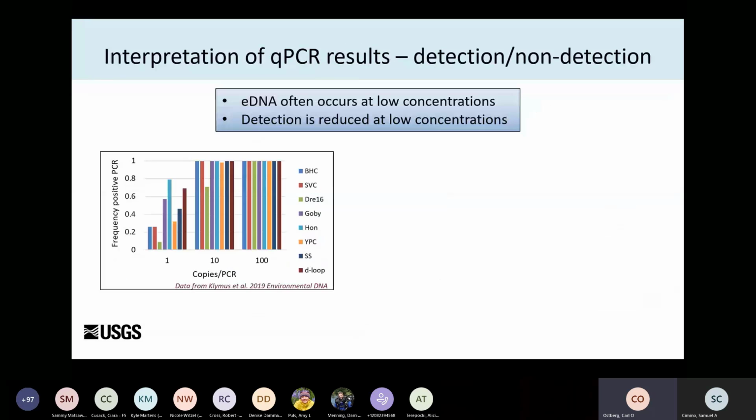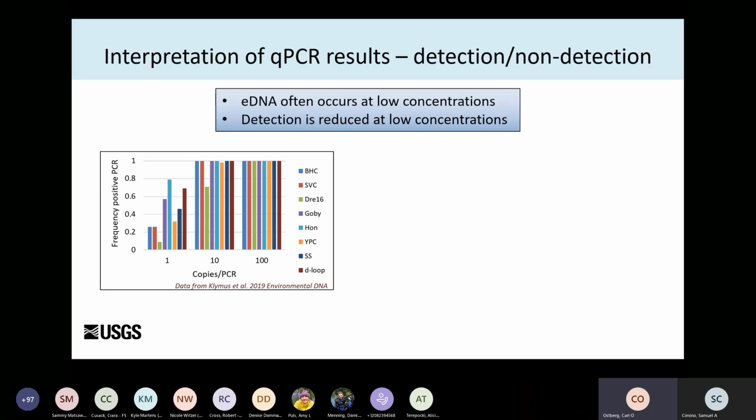Okay, so let's look at detection and non-detection interpretation in a bit more detail. eDNA is often found at low concentrations in environmental samples, and detection is reduced at low concentrations.